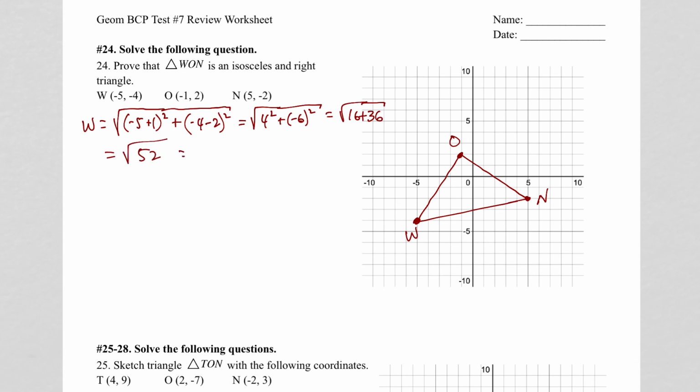I'll just simplify that. That's 4 times 13, so 2 root 13. All right. And I put W, but we need to put WO.